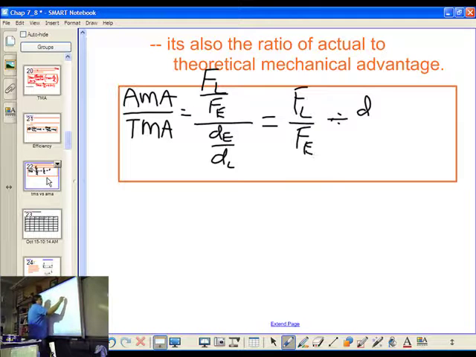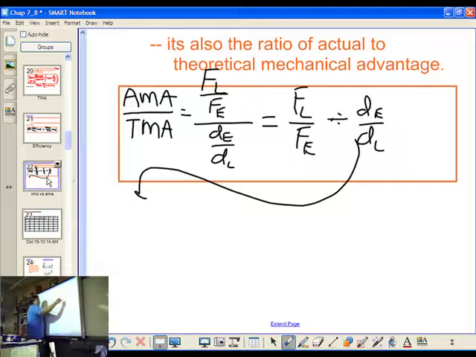But in mathematics, when I divide by a fraction, I'm going to multiply by the reciprocal.